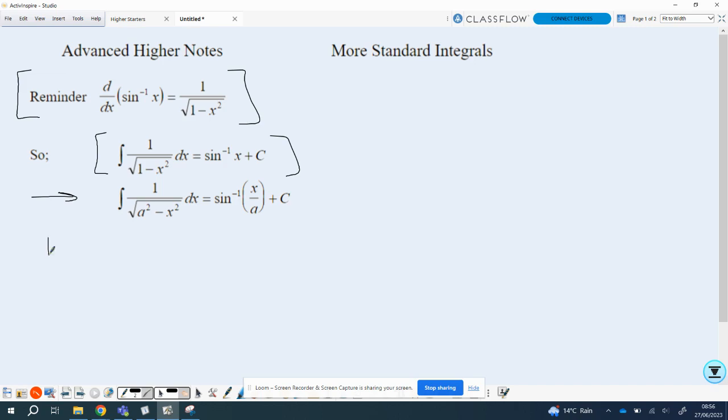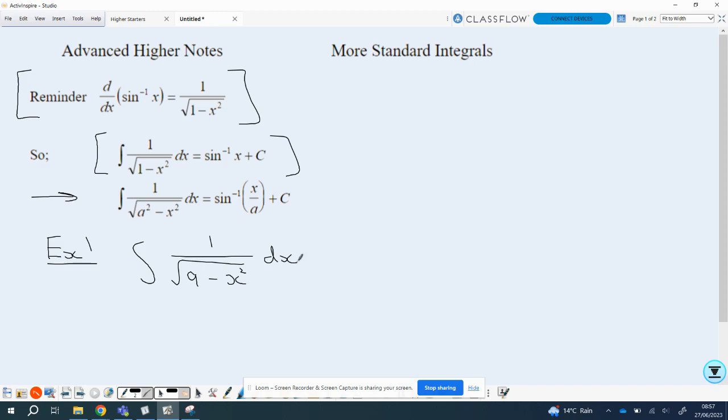So look at a couple of examples. The first example: we want to integrate 1 over the square root of 9 minus x squared with respect to x. We can see it's not quite in the very first form, but it's definitely in the second form, and I've got the square root of 9 minus x squared, which is like the square root of a squared minus x squared.